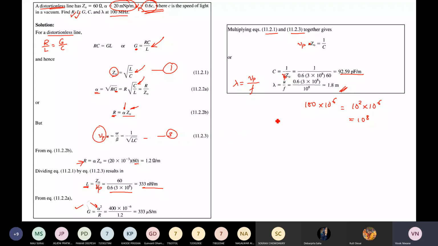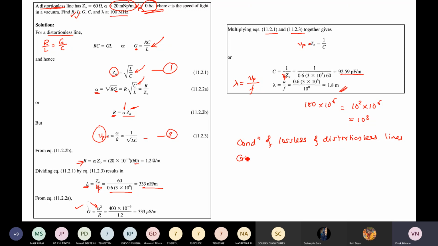So what you need to memorize while solving the numericals: the conditions for lossless and distortionless lines.